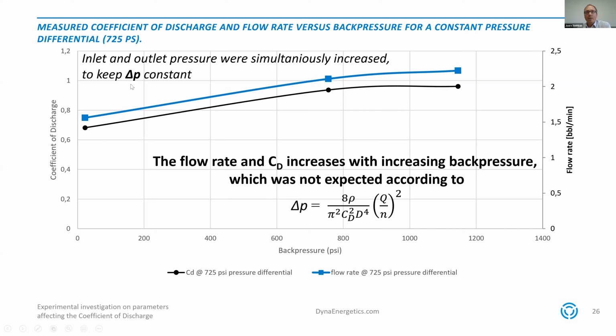And although the DP was the same, with increasing back pressure, the flow rate was increasing. And that means for this equation, you can only explain it if your coefficient of discharge is also increasing. So actually, in this case, with increasing back pressure, it was going up from 0.7 to nearly 1.